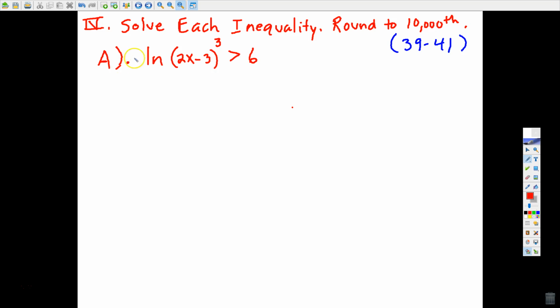Okay, so it will be e raised to the 6th power, and just keep this in mind when you turn these around. You can think of it this way if it helps. The inequality is pointing at 6. So when I write this in exponential form, it still needs to be pointing at 6. So that's going to mean I need to turn this around, make it face less than.